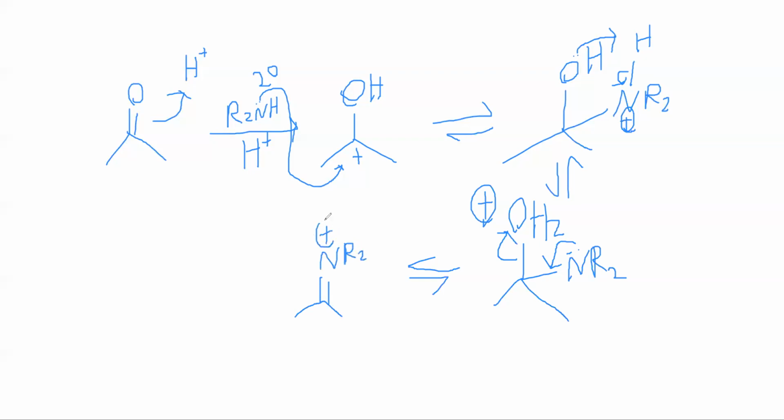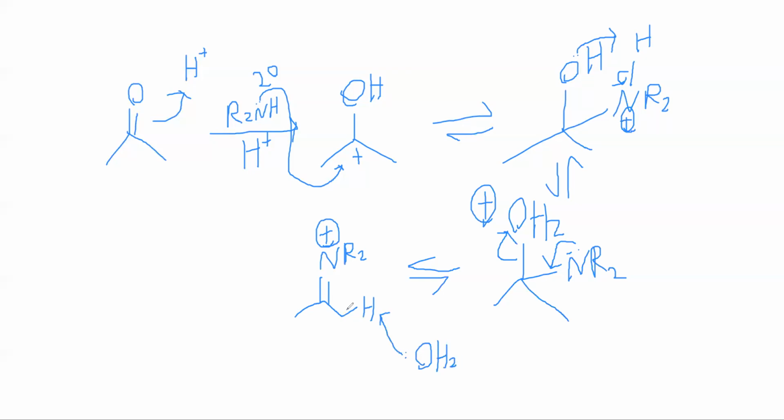But this time, well, the primary amine had another hydrogen at this step when it formed a double bond, so it could lose that hydrogen to get rid of the positive charge. This nitrogen doesn't have one. So what basically happens is you have to have a proton alpha to this carbon-nitrogen double bond, and then a base. In this case, let's just say it's the water that we just kicked out.